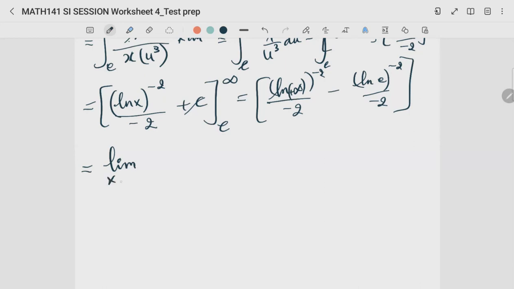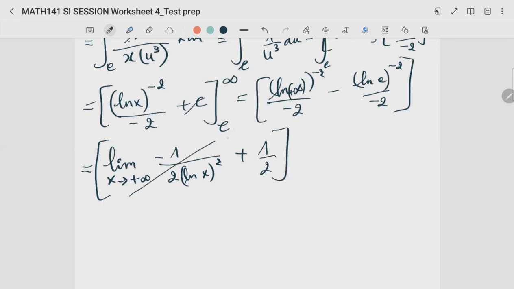You could just write it as the limit as x tends to infinity of negative 1 over 2 x squared. It's just a way to introduce the limits in there, but it doesn't really affect your actual solution. This limit will still be equal to 0.